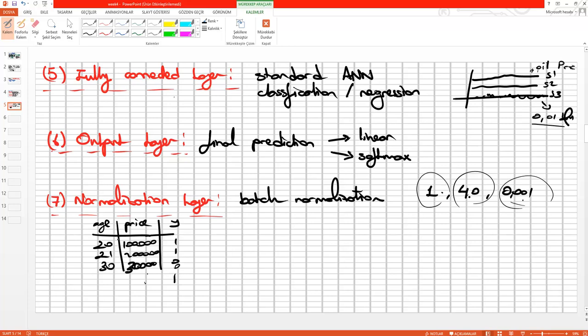And so the price is much bigger than the age. If you train your network, this age can be considered as noise because it's small. Batch normalization prevents this effect on your convolutional neural network application.